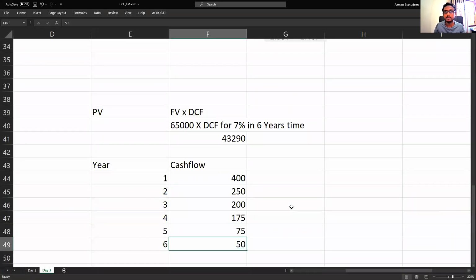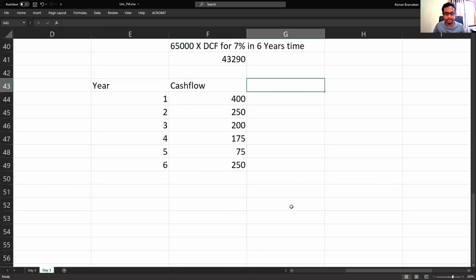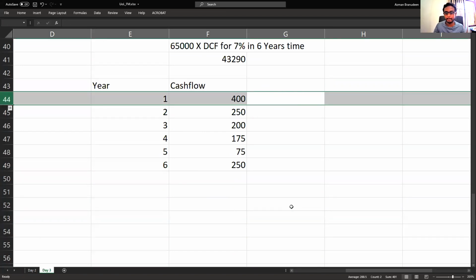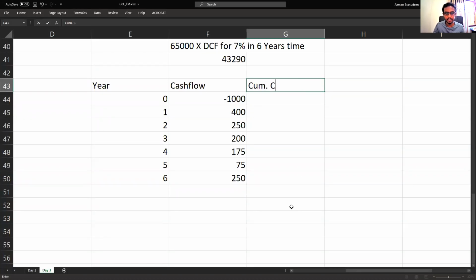Okay, but 50 plus 200, so 250. Then I can get my cumulative cash flow. 0, minus 1000. Yeah. Cumulative cash flow.